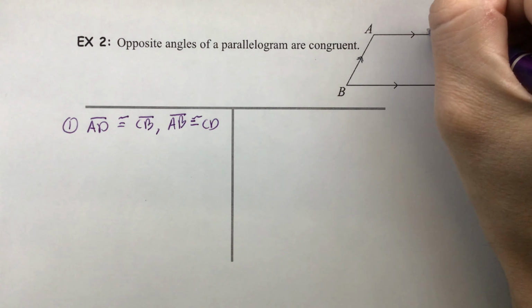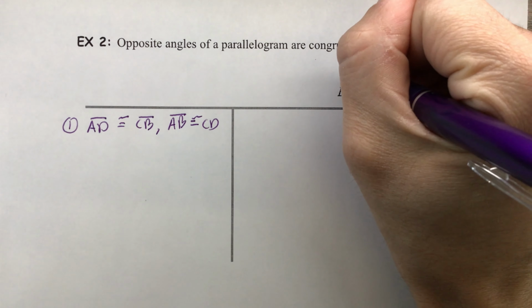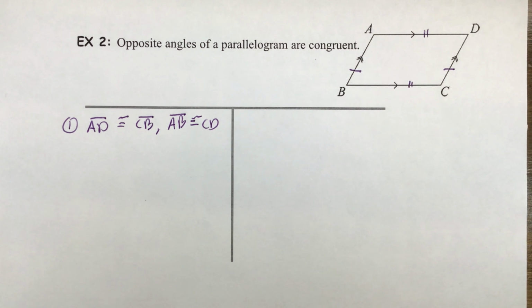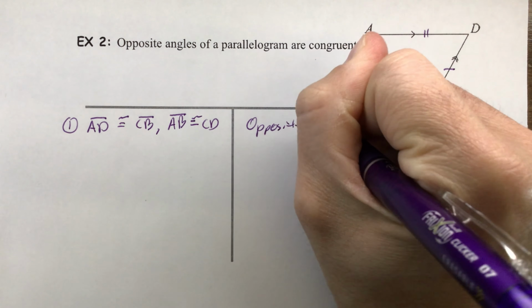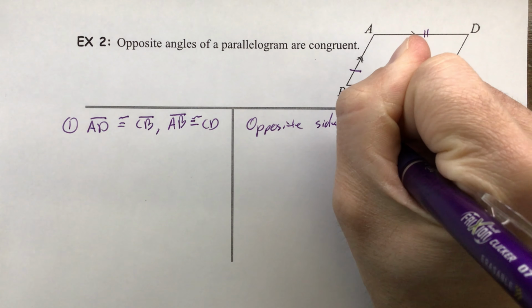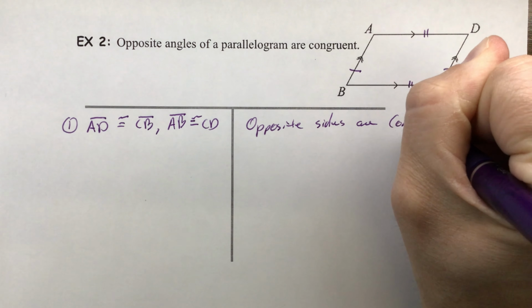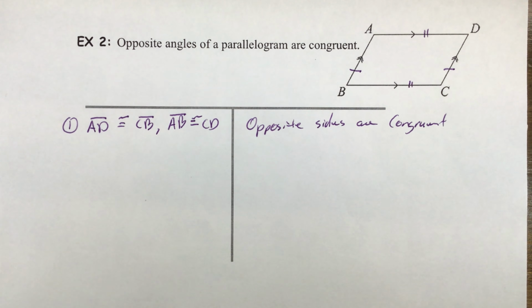Okay, let's put some markings. So double, we got single, we got single. Okay, and I can actually start there because we just proved it. We proved that opposite sides are congruent. That would be opposite sides of a parallelogram, but we know what shape we're talking about here.